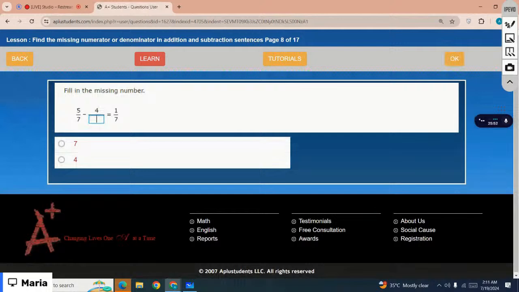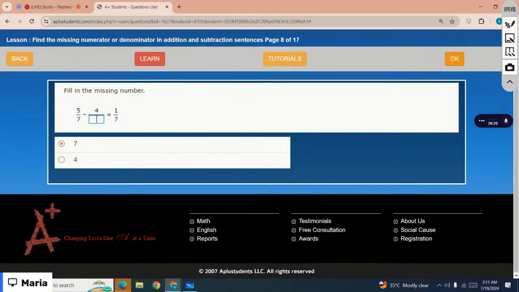Okay, select the missing number. Find the missing number. So which number is missing? Yes, 7. The correct option is 7.